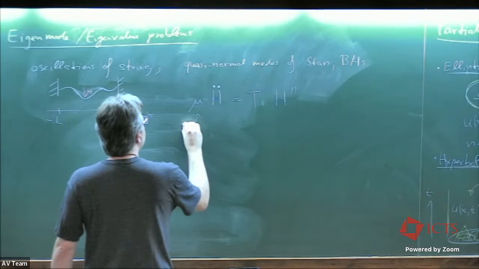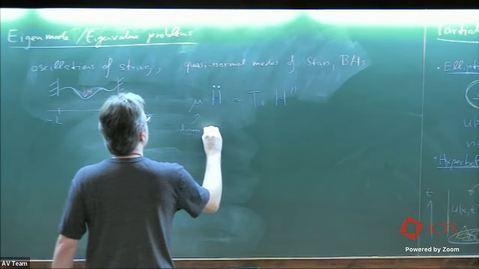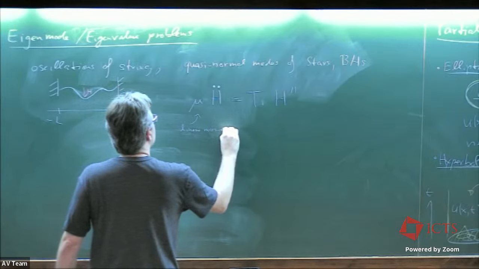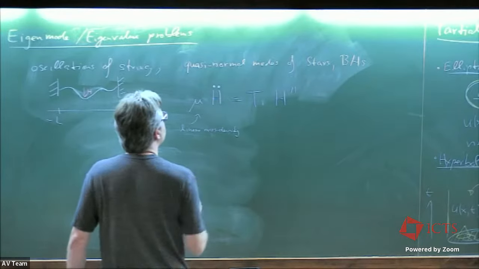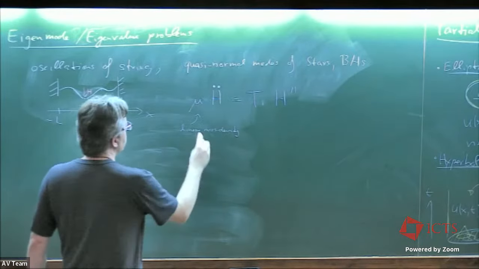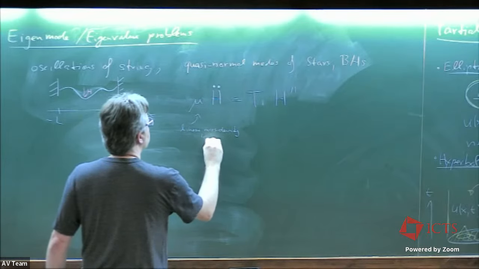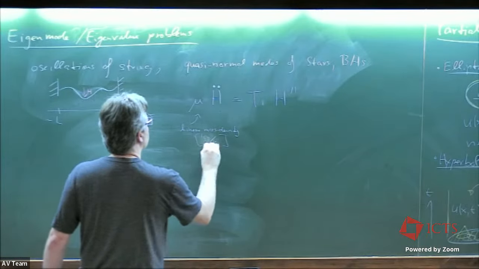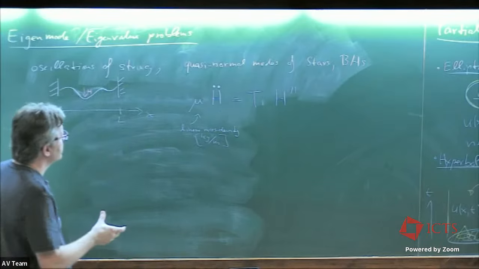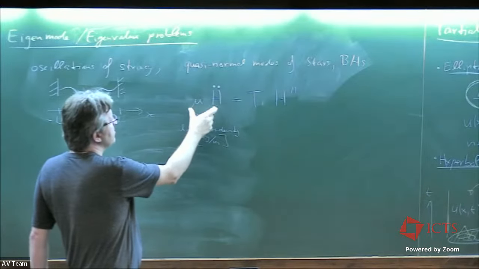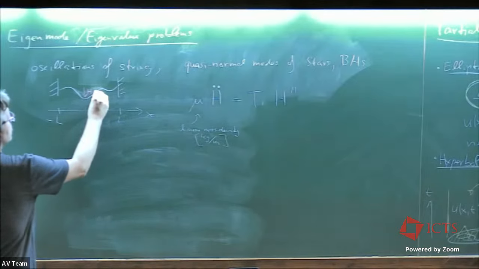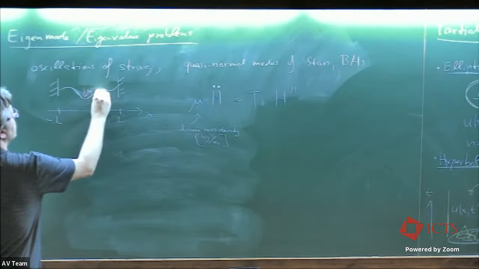Mu is the linear mass density. So what's on the left-hand side here, this is units of kilograms per meter, times acceleration, so mass times acceleration for a small element of the string.